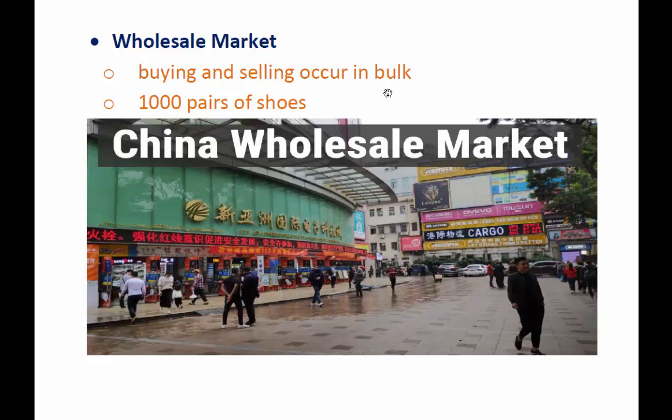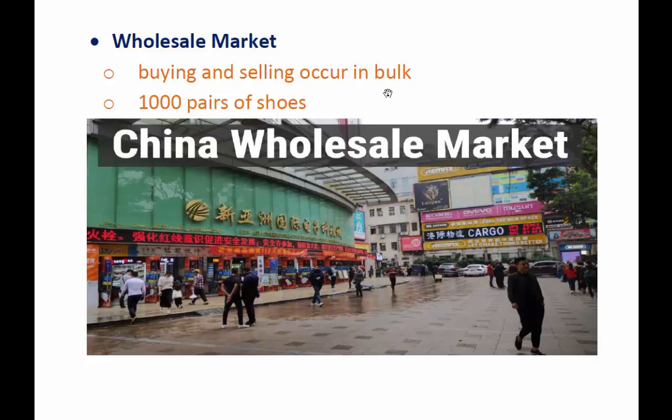You have to get at least 100 to 1000 pairs of shoes for reselling in a retail market. So the wholesalers sell mostly to the retailers. The retailers buy their items from the wholesaler.